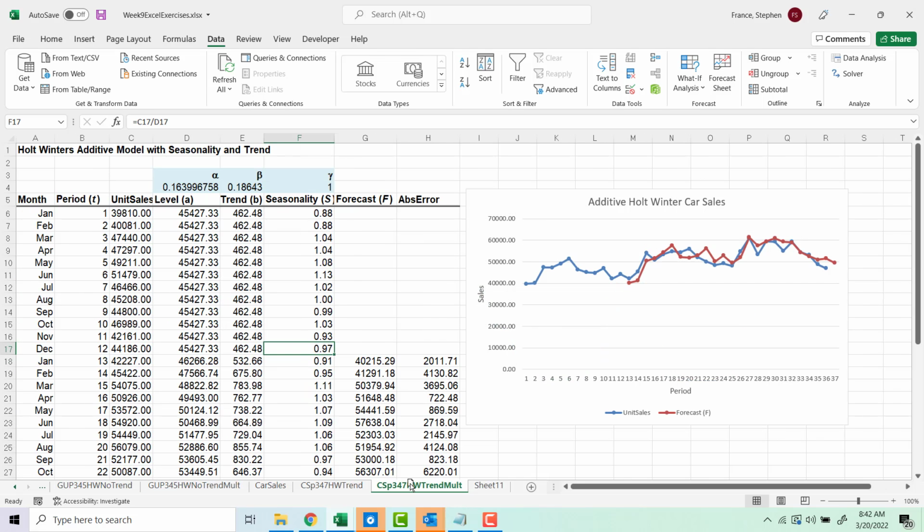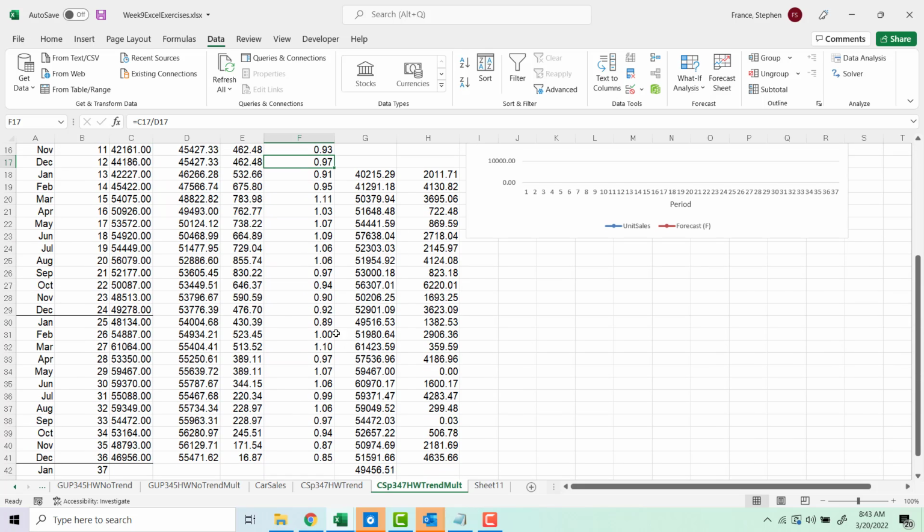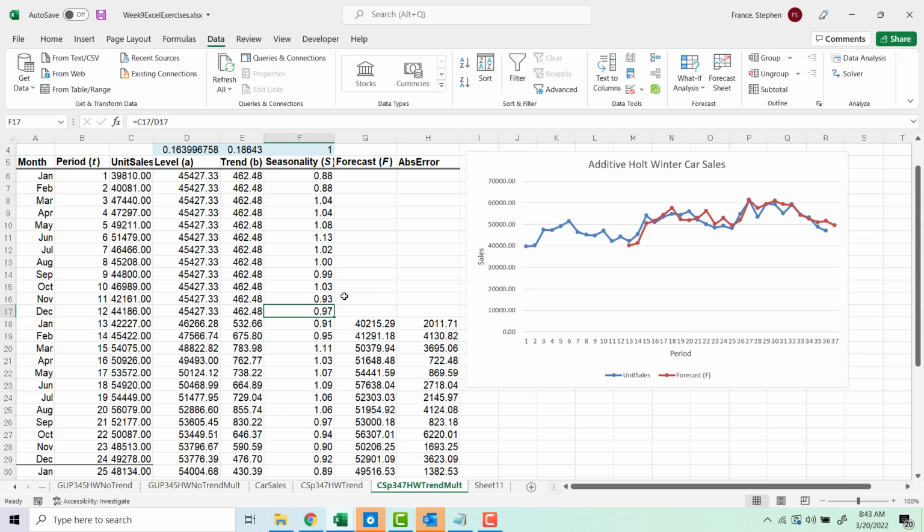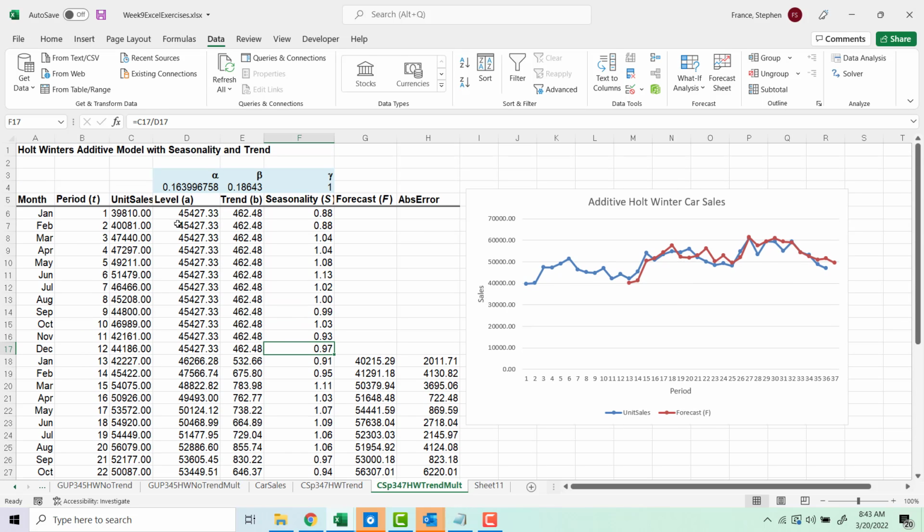And it's the same with the car sales data. You can see the graph here. There's very, very little difference. And you can see here that I actually did the solver parameter estimation beforehand. But again, seasonality, divide rather than subtract.